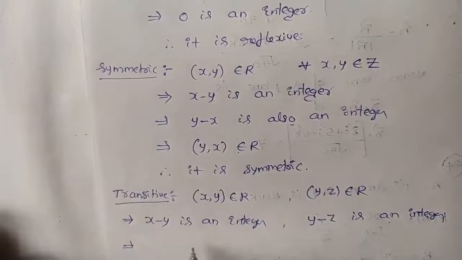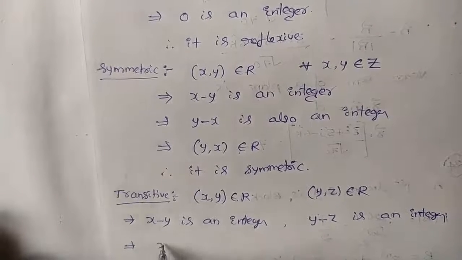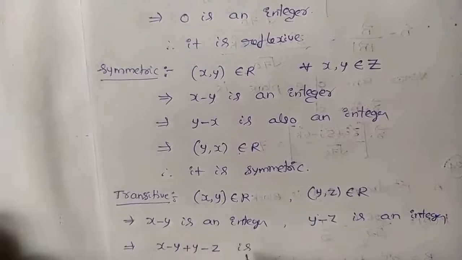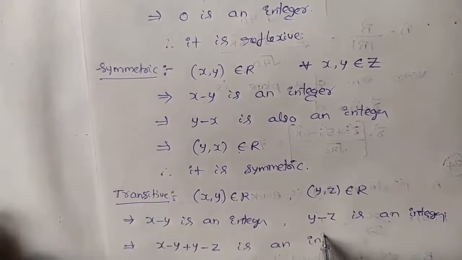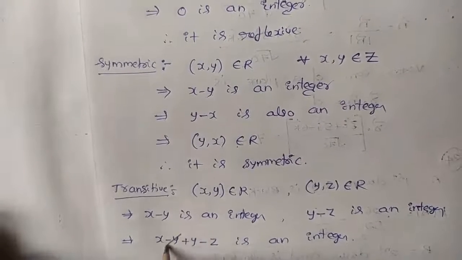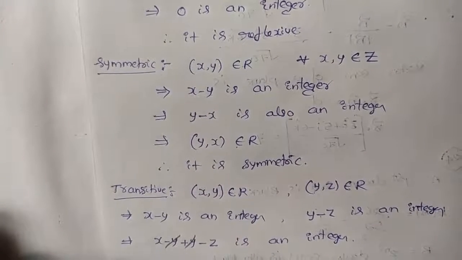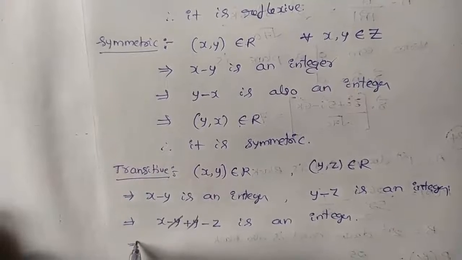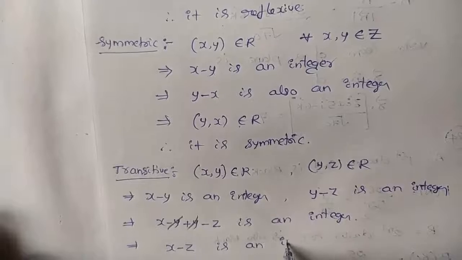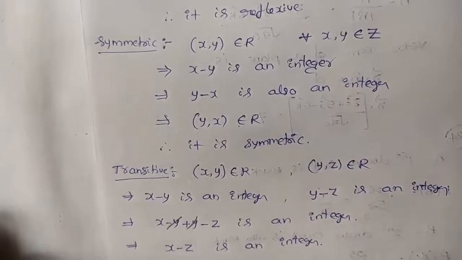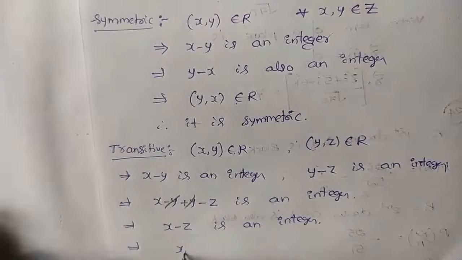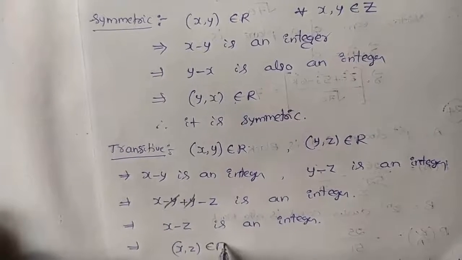Next, let us club these two statements. x minus y plus y minus z is an integer. Then the y cancels, so x minus z is an integer. Then x minus z is an integer, so x comma z also belongs to R.